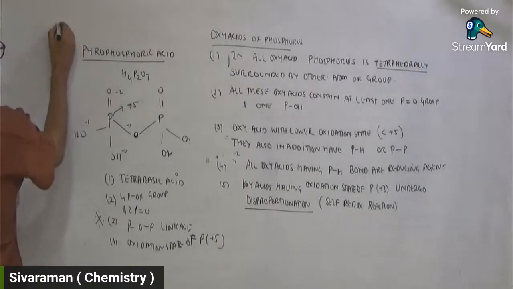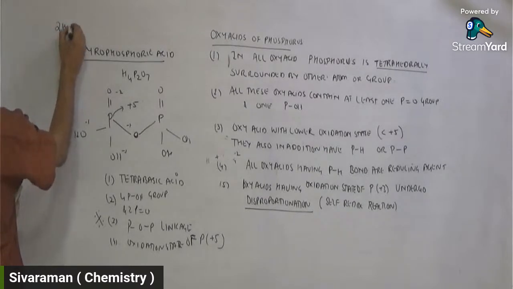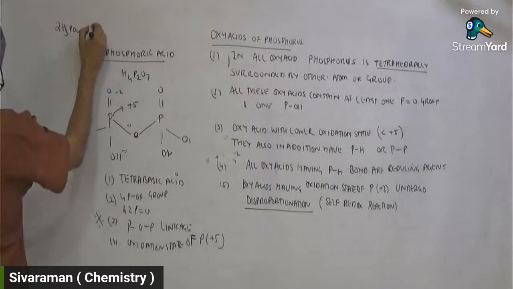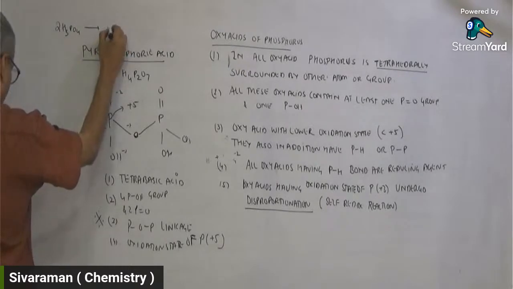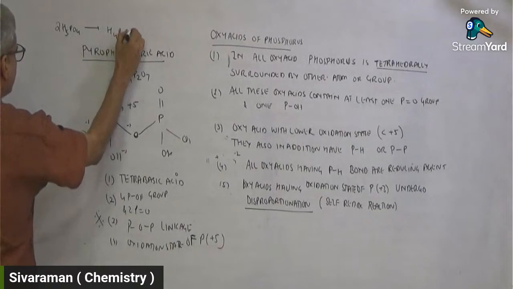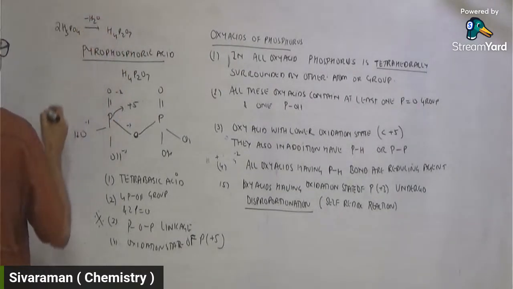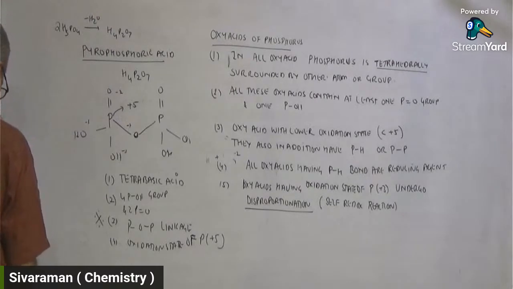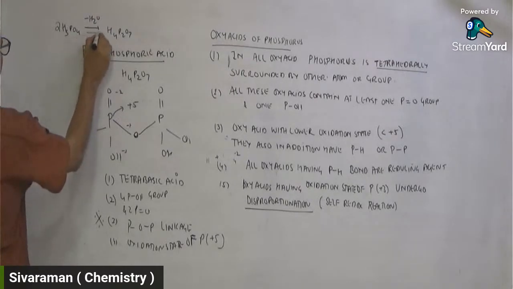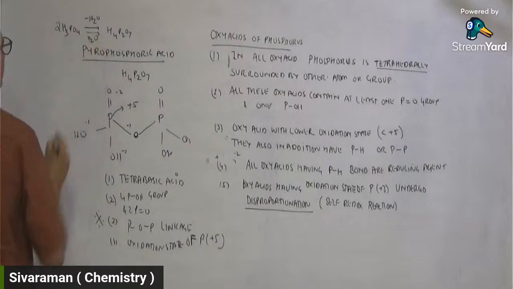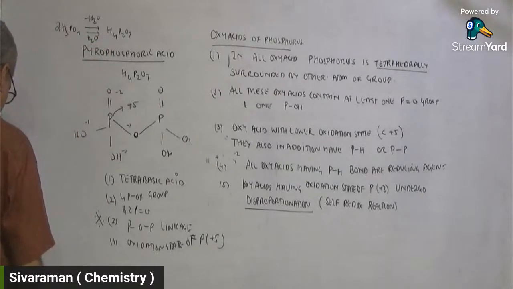You have 2H3PO4, and at the center is H4P2O7. So when you remove water from 2H3PO4, you will get H4P2O7. And when you add water, you will get back H3PO4. Is this clear?